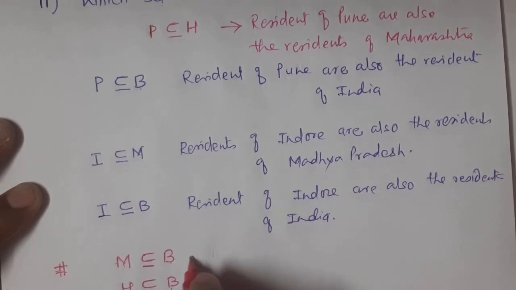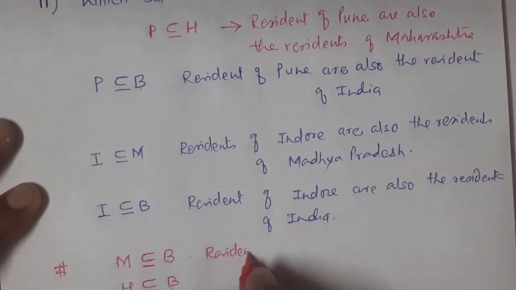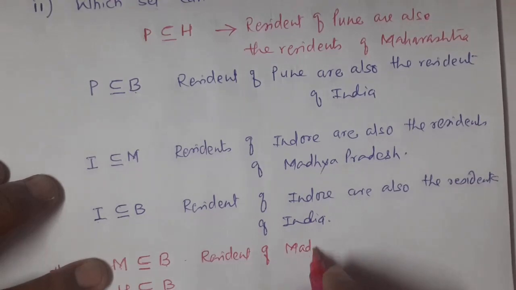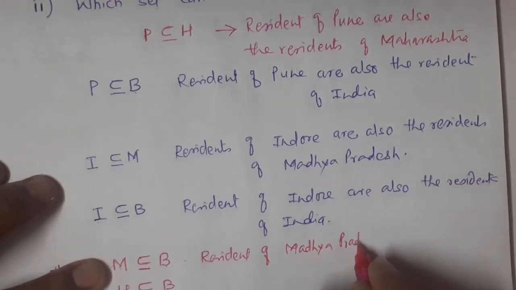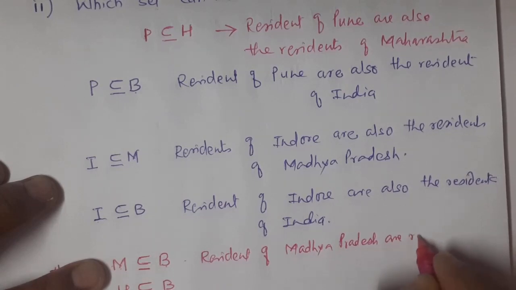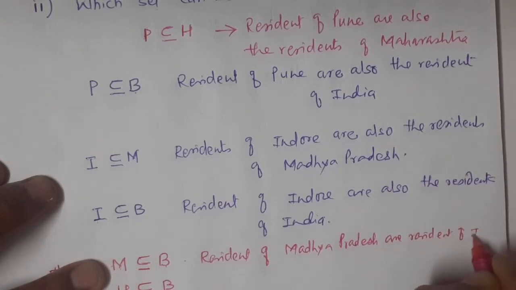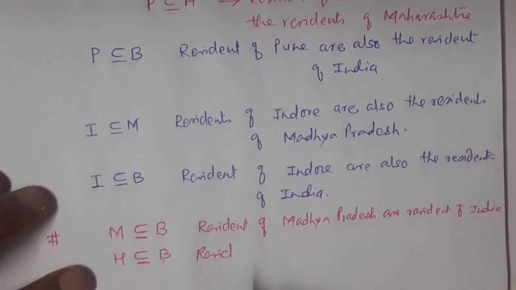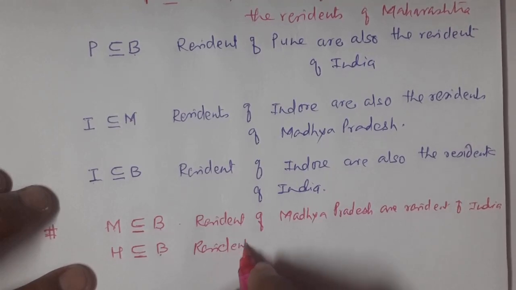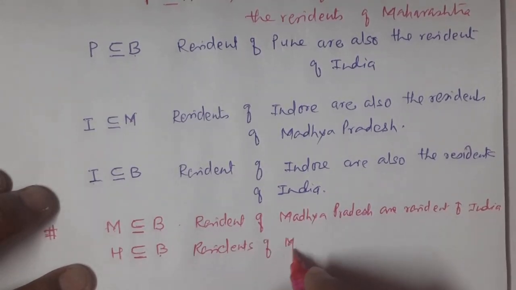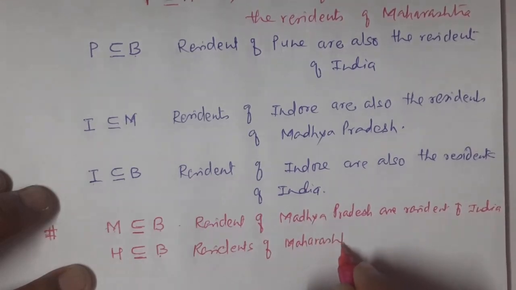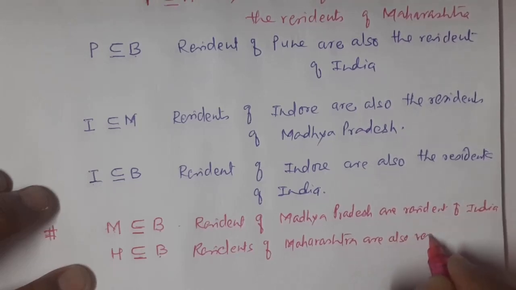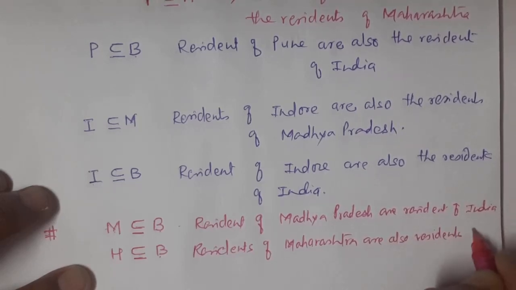That means residents of Madhya Pradesh are residents of India, and residents of Maharashtra are also the residents of India.